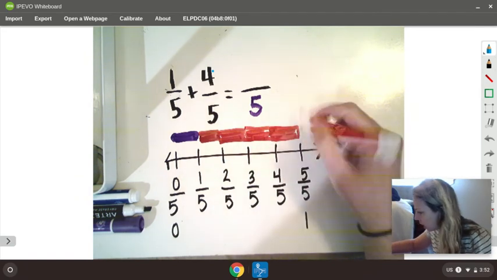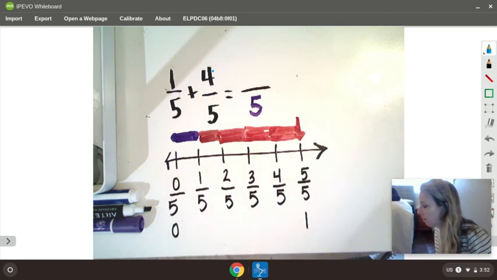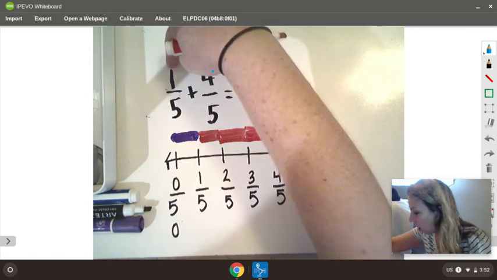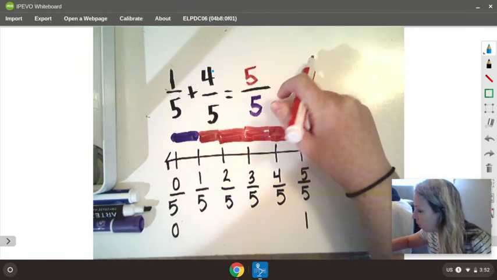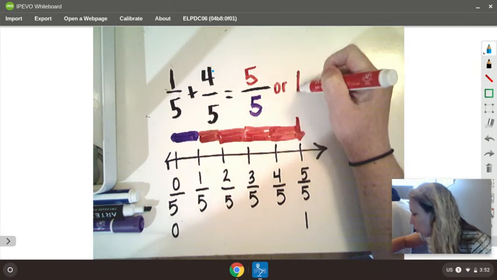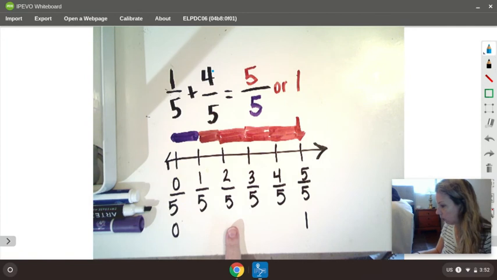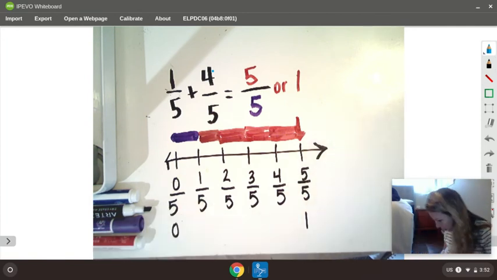Where am I ending? I'm ending right at 5/5. So if we take 1 and we add 4, we get 5/5, which is also equal to 1. So this is another way to model adding fractions with like denominators. I'm going to show you another example.